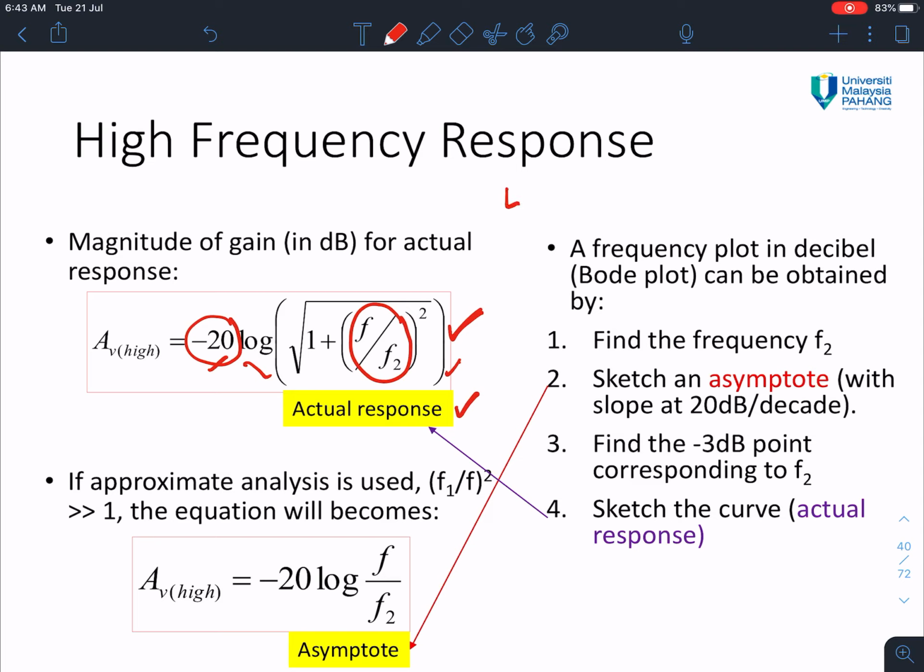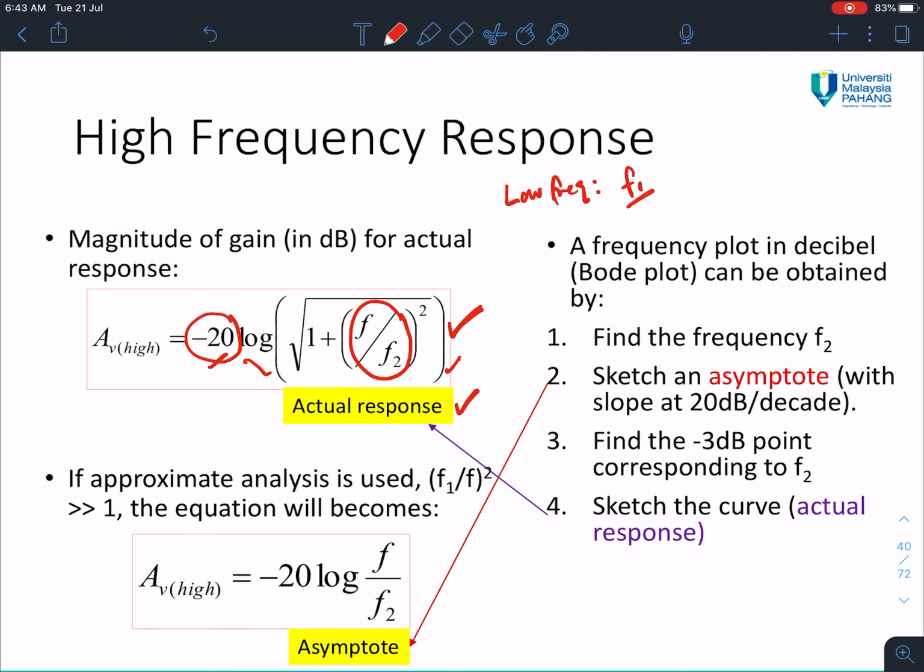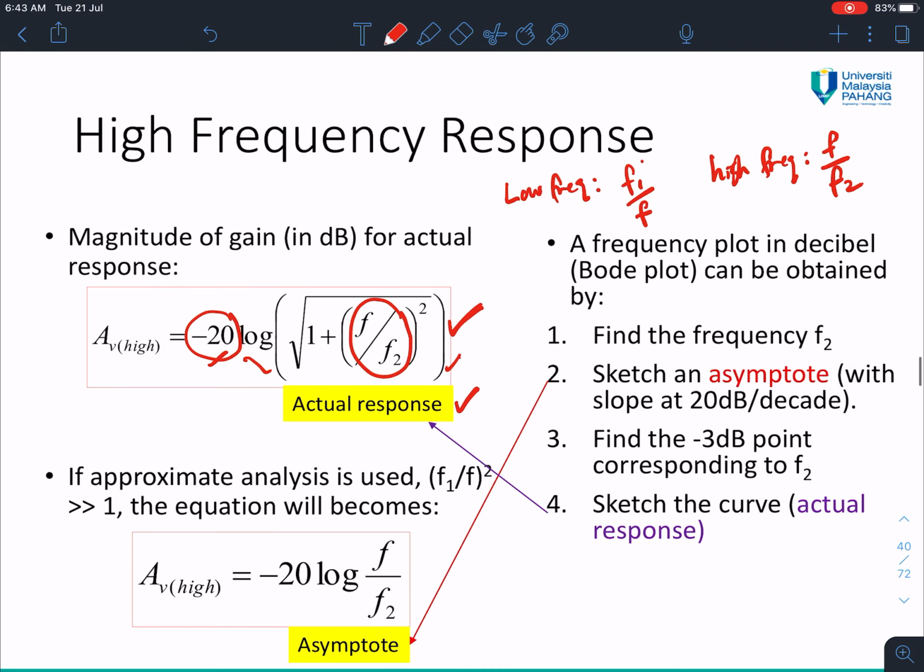For the low frequency, if you remember, F1 is divided by F. For the high frequency, the frequency is on top and F2 is at the bottom. So this is the only difference between the low and high frequency.